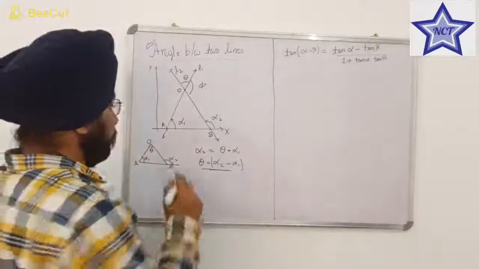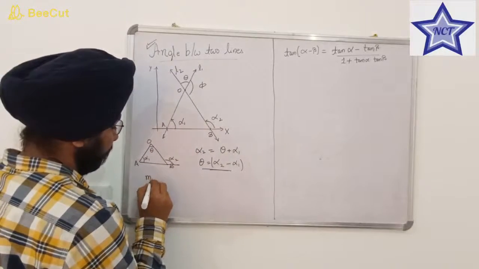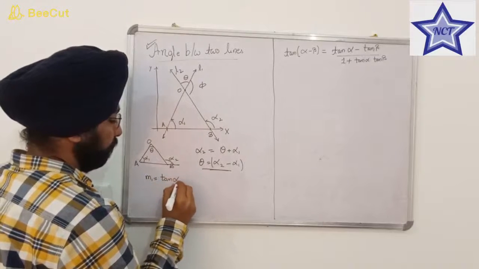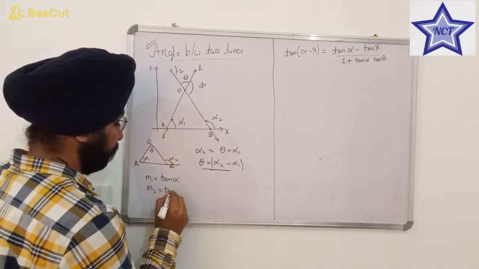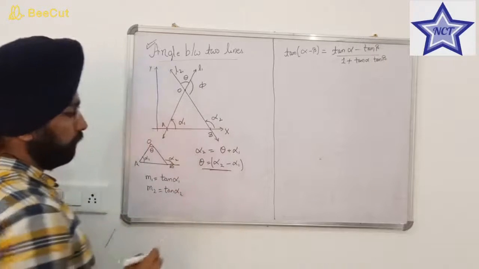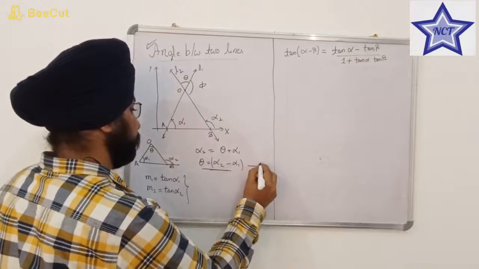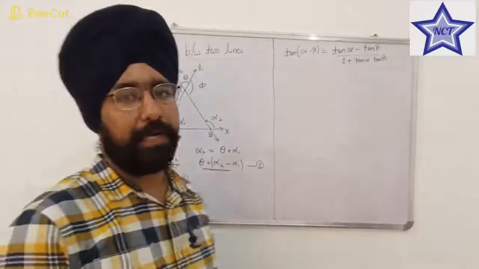So from line 1, slope of line 1, let us write it as m1 equals tan of alpha 1. Slope of line 2 is equal to tan of alpha 2. So I write from equation 1, theta is equal to alpha 2 minus alpha 1.